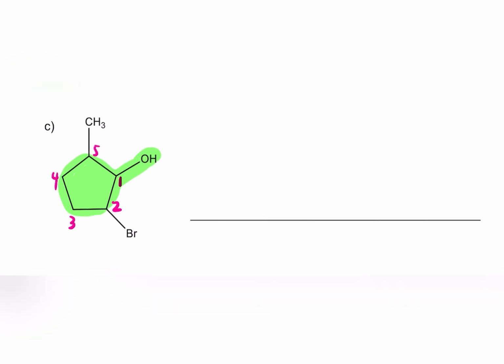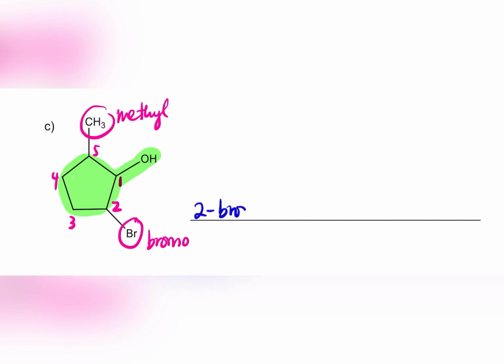Because we are going to put alphabetical order for bromo first, followed by methyl. So bromo must be at the lowest number. So I'm going to give the name for this structure, which is 2-bromo-5-methyl, and my parent is cyclopentanol because there are 5 carbon chains in the ring with an OH group attached to it.